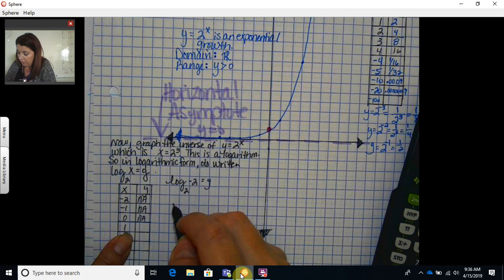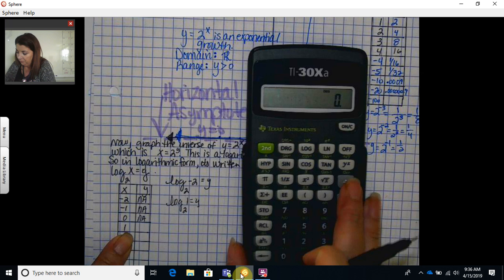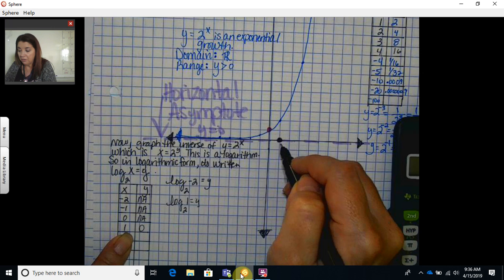So log base 2 of 1 equals y. 1 log divided by 2 log equals 0. So when x is 1, y is 0. So notice our other graph had an x-intercept, right?